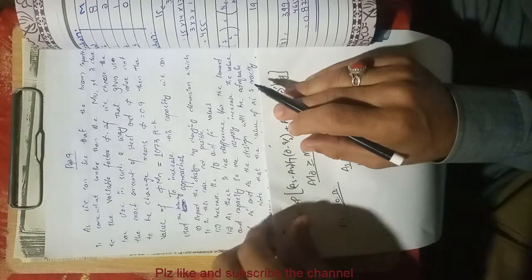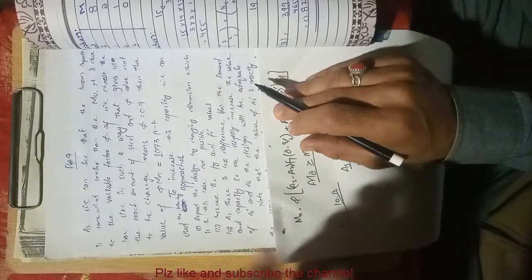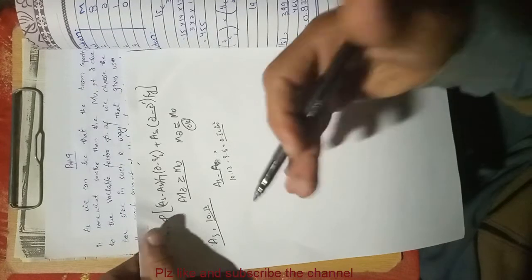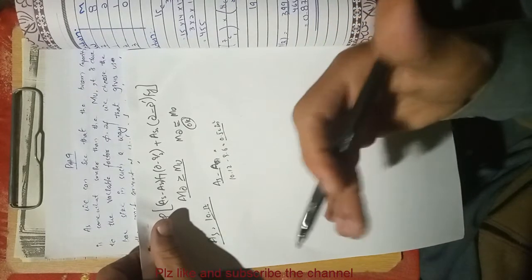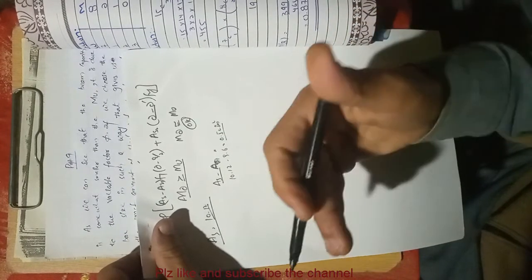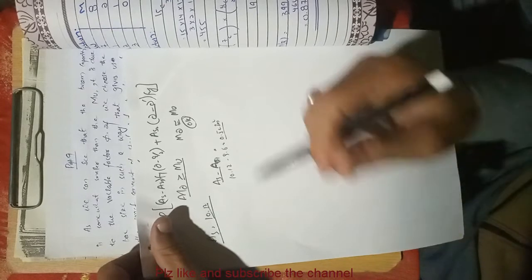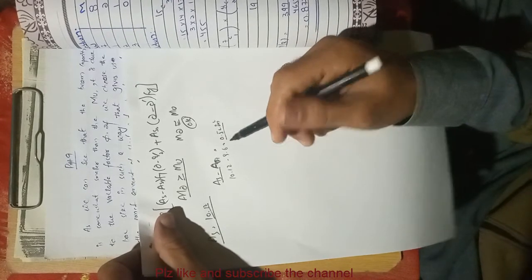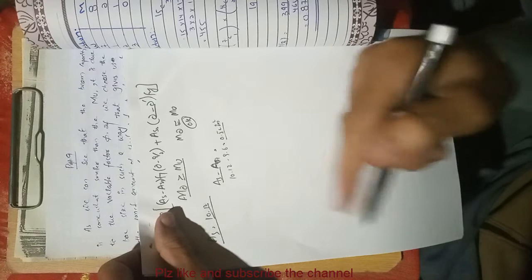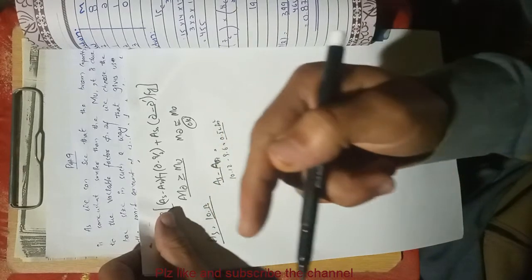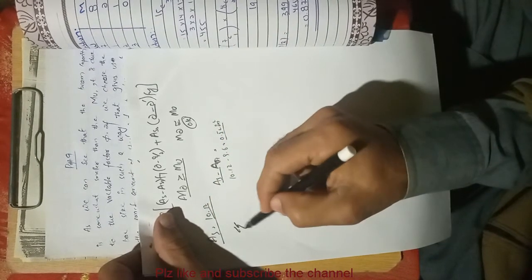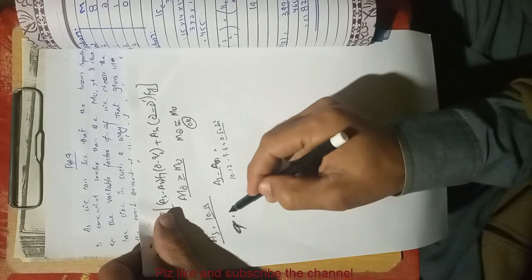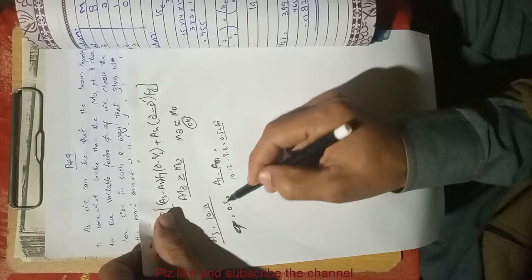You can increase, because if you are increasing the amount of steel, it will also increase the capacity. But how much do you have to increase? This is the question. Because if you increase by a large amount, it will affect the phi value, reducing it from 0.90.